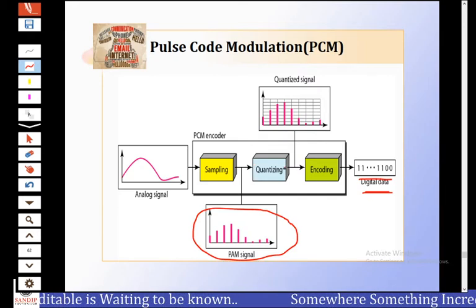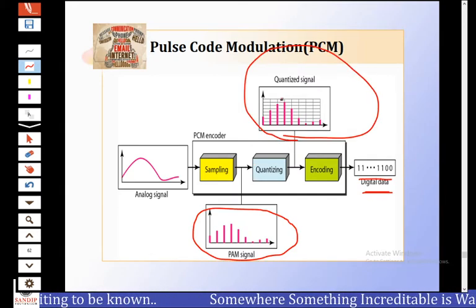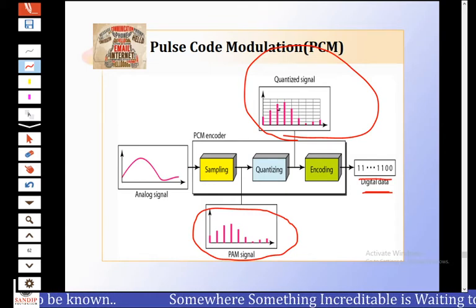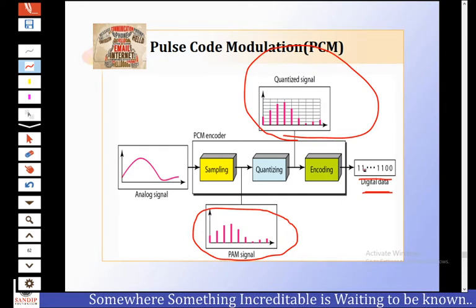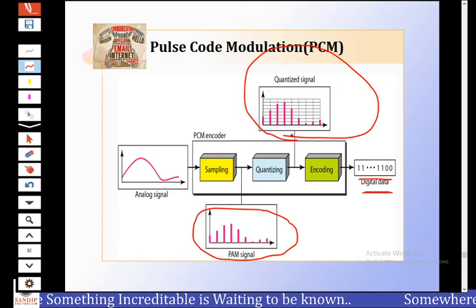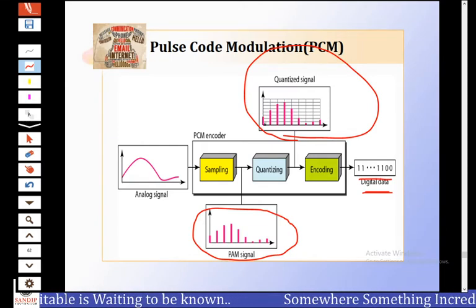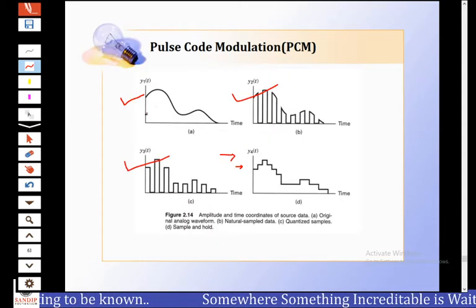It is applied to a quantizer, and this is the quantized signal, meaning approximated to a certain level, and then each level is converted into binary data, like 1 1 or 0 0, 1 1 0 0, depending on the number of bits used to represent each sample. If we use n equal to 3, then this sample level value is represented by 3 bits. So this is the PCM encoder.